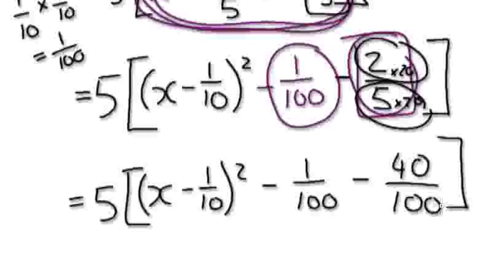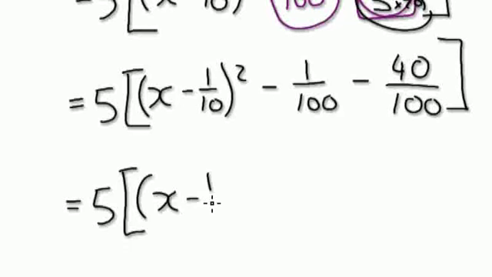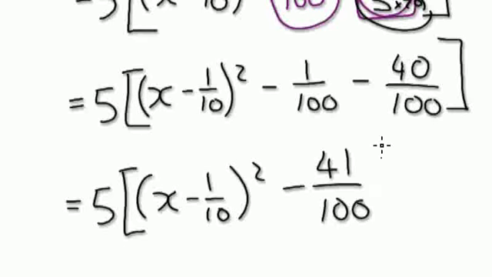Now the two denominators are the same, we can merge them. So this would be 5 x minus 1 over 10 squared, and then minus 1 minus 40, so that would be minus 41 over 100.